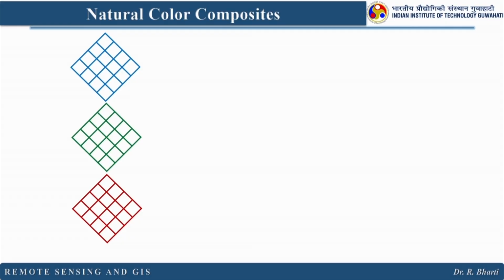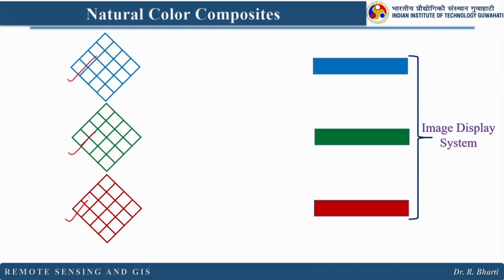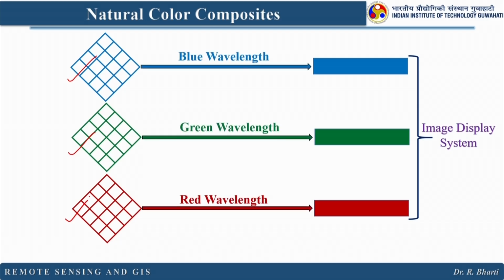So, in this case, again we have blue, green and red, and here we have included this blue band, green and red, right. And again this display system will have similar guns like blue, green and red guns. Now, if you are assigning blue to blue, green to green and red to red, then they are known as natural color composite.